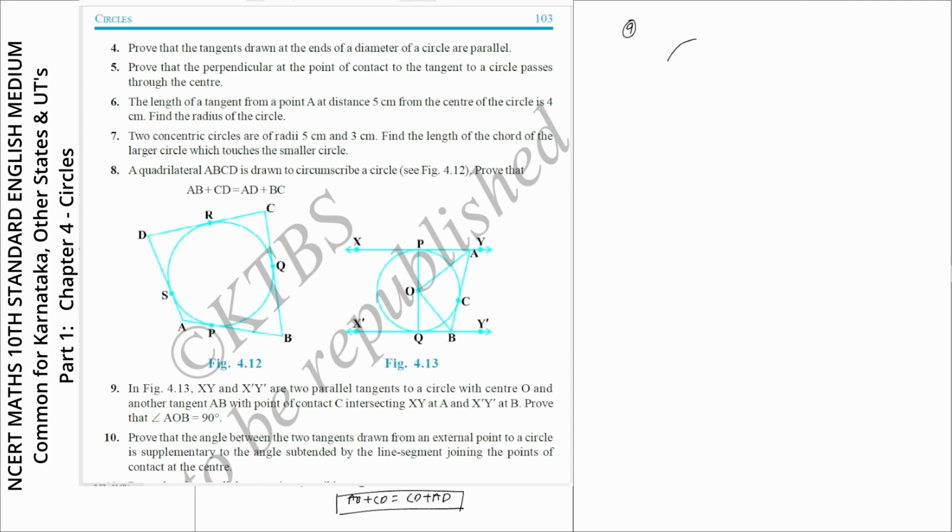So there is a circle, and X'Y' and XY are two parallel tangents. So this is X'Y' and this is XY.